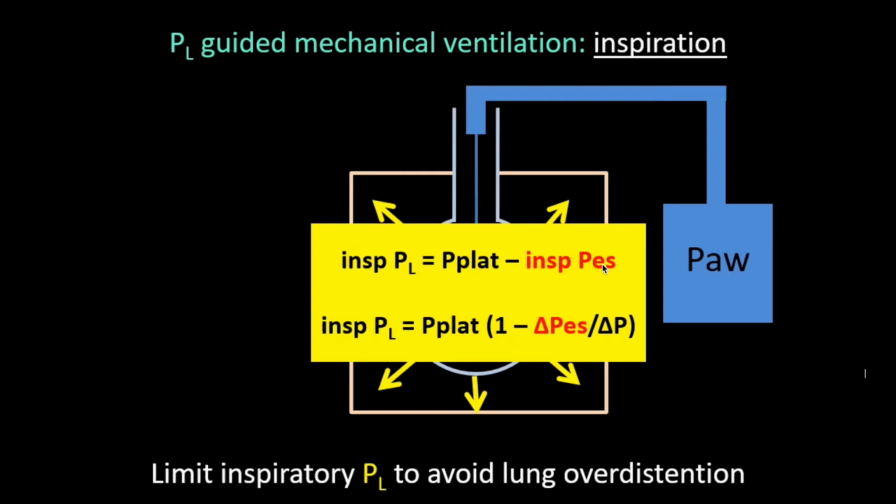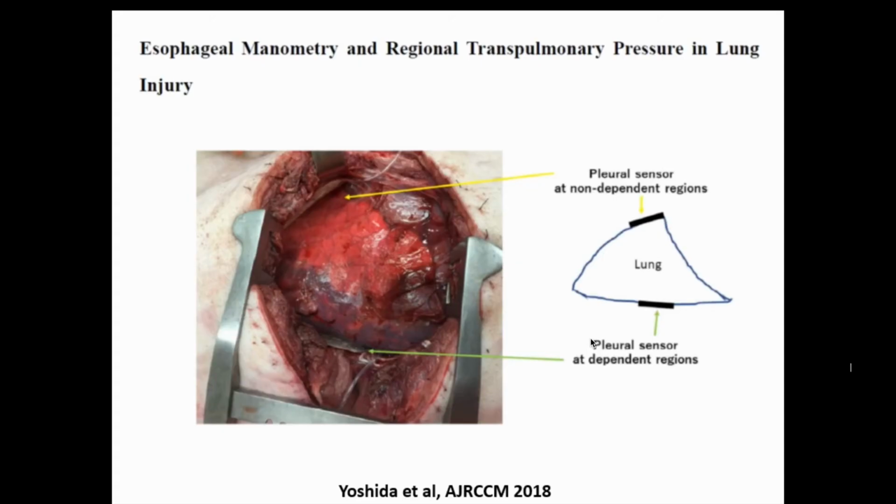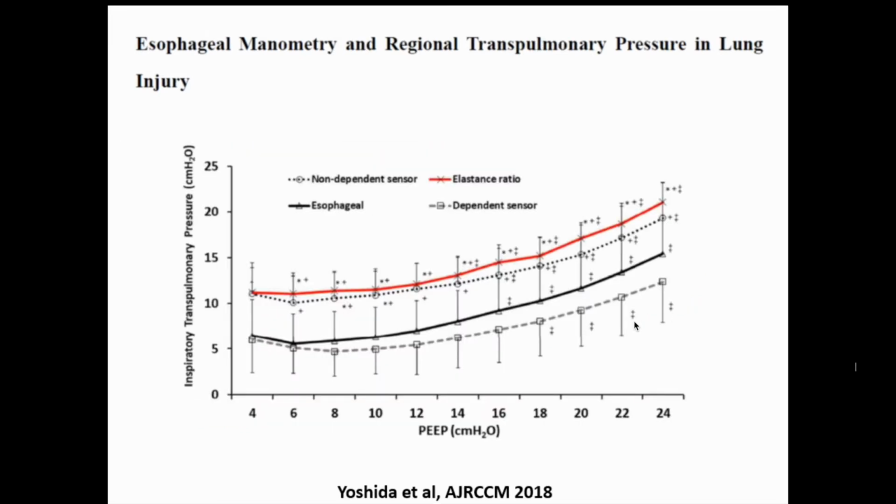Now, the esophageal pressure value may not always directly correlate with the pleural pressure. So it is often better to use the formula with the delta change in the esophageal pressure. This has been studied in this particular paper, where they used manometers in the non-dependent and the dependent parts, and they used both these formulas. Here you can see this dotted line is the non-dependent part, this dashed line is the dependent part.